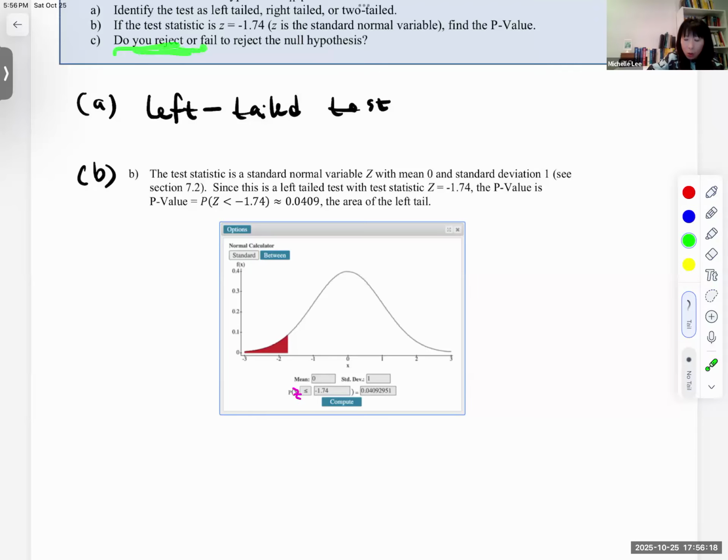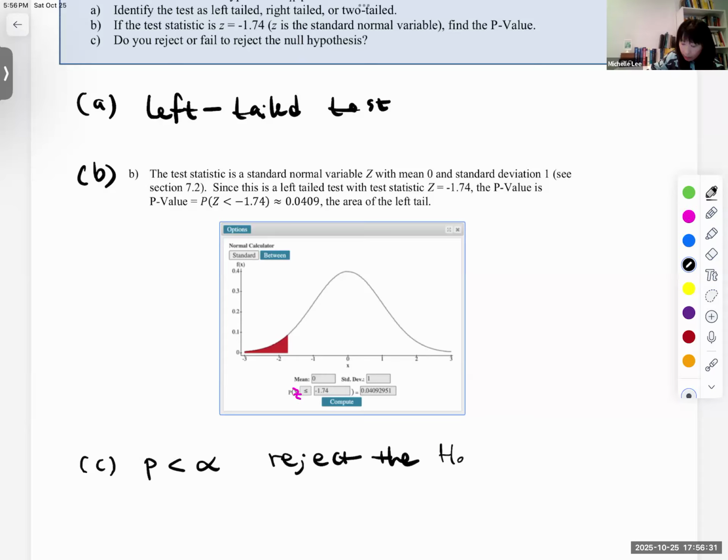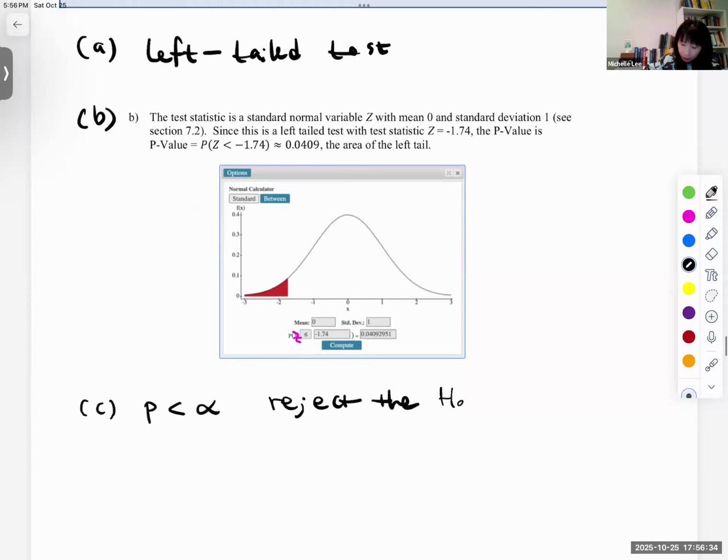Okay, part C. Do you reject or fail to reject the null hypothesis? If the p-value is less than alpha, we reject the null. So the p-value is 0.0409, let's compare with alpha, which equals 0.05. It is less than, right?